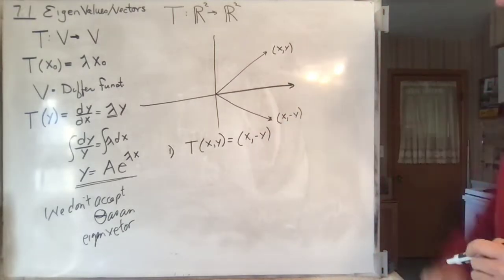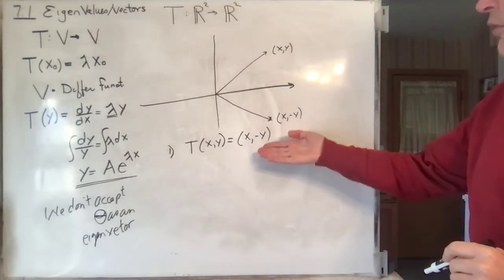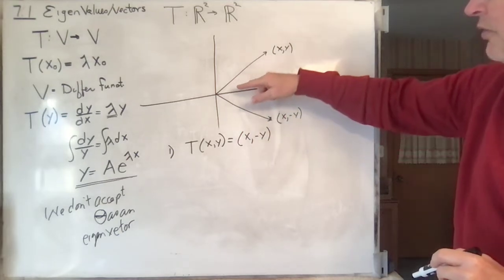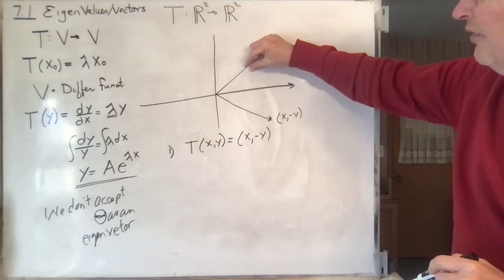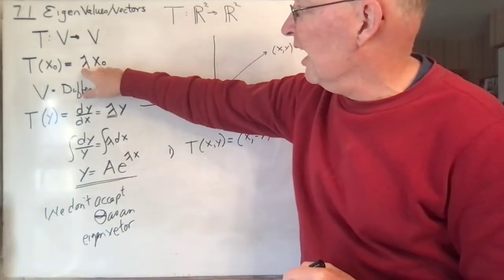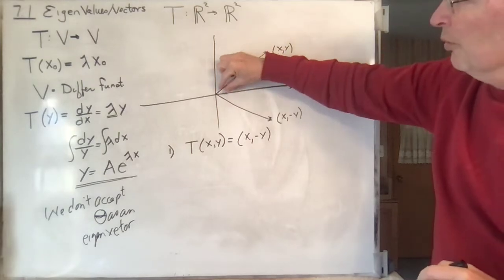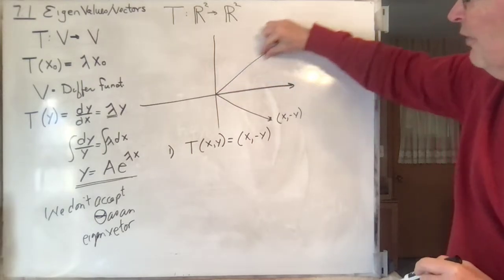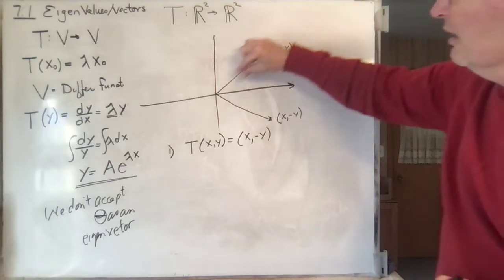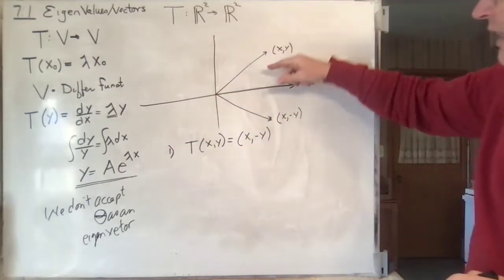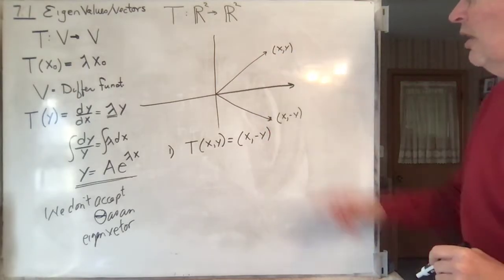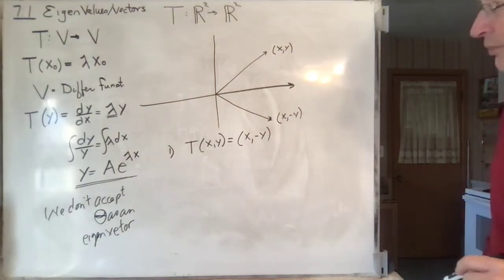So this one gets sent to that. Well, it's certainly not the case that that's an eigenvector, because to be an eigenvector means that this thing is sent to a constant times itself. So to be sent to a constant times itself means that it's sent to some multiple of itself, something that's either along here or along there. But this vector, notice, has a whole different direction to it. So this particular one is not.